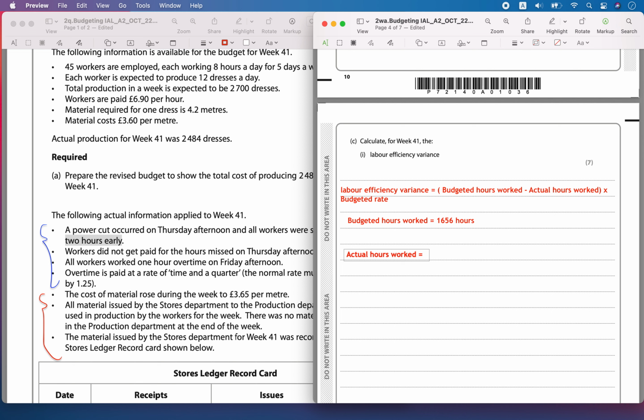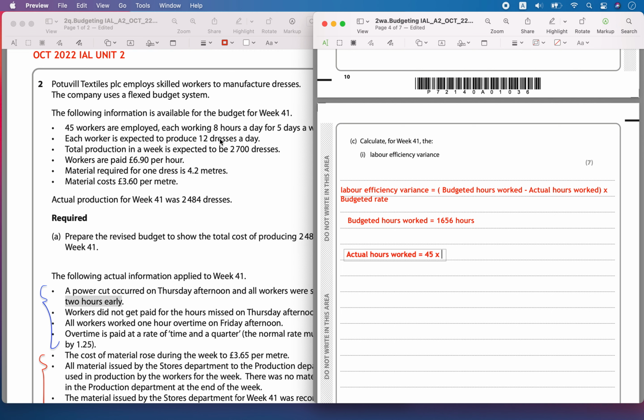So actual hours worked: there were 45 employees, and on each day they had to work for 8 hours, 8 hours into 5 days a week. So 1800 hours totally they would work.